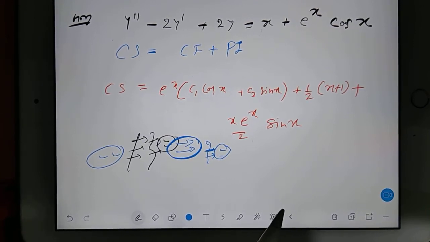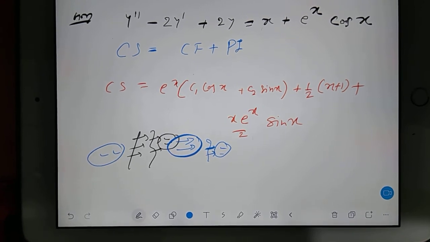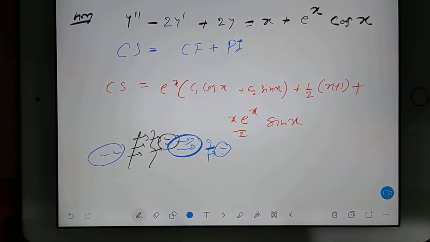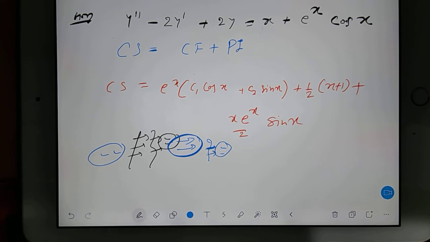Just a minute, I'm checking how much is remaining in my notes. Linear dependence, that's all. Then we have some applications of linear differential equations, but those are not important at all, so I will skip that part.